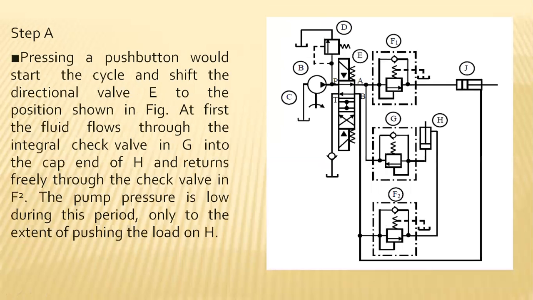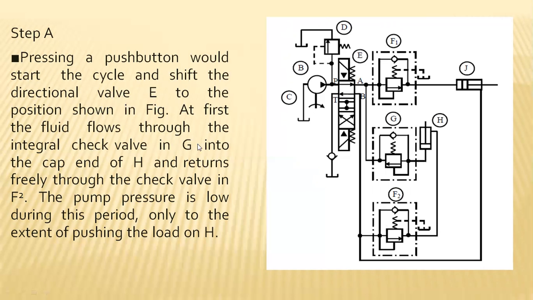So in step A, on forward conditions, what will happen? In step A, if you switch on this position, the first position of the DCV will turn yellow and fluid will be entering into this. We'll have a clear look at what change takes place. When the push button starts the cycle and shifts the directional valve P to the position as shown in the figure, this position will be identified.